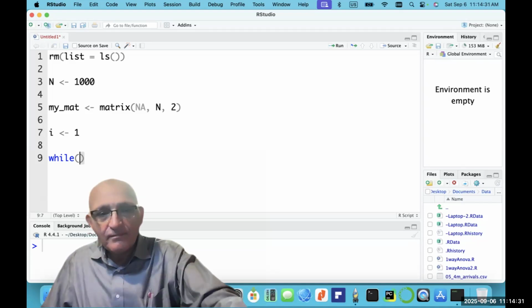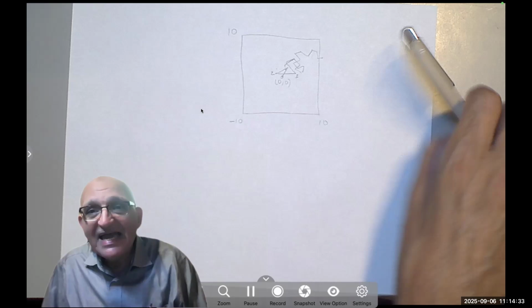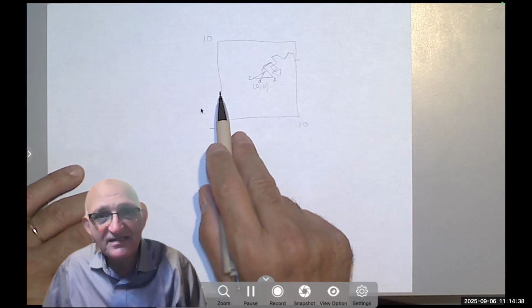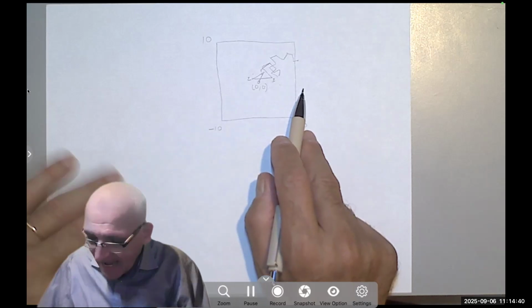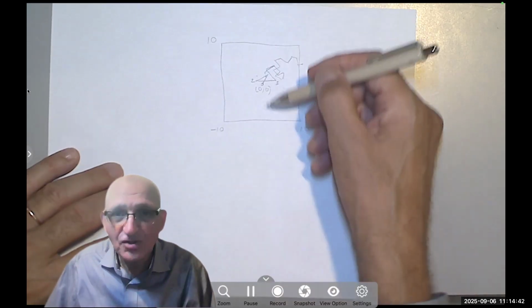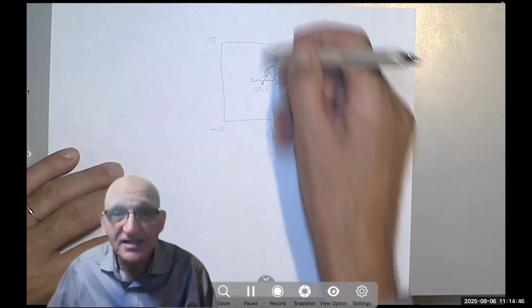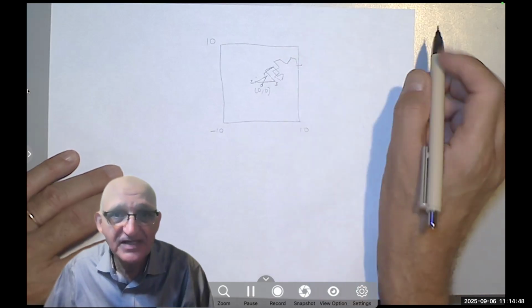While the x coordinate of the point, oh my God, I'm sorry, is between -10 and 10, and the y coordinate as well is between -10 and 10.